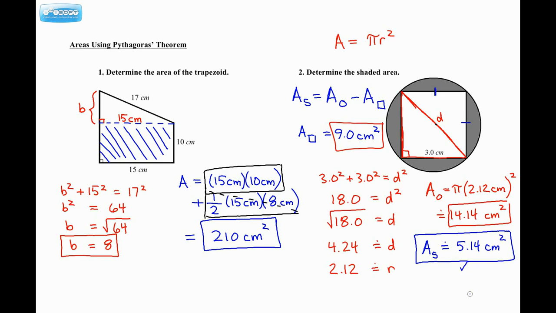And there we go. So that is all of this stuff. So a little bit of basic geometry, but a problem this difficult shouldn't be too much of a stretch.